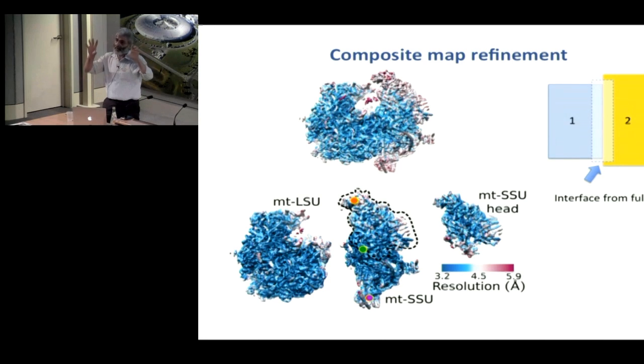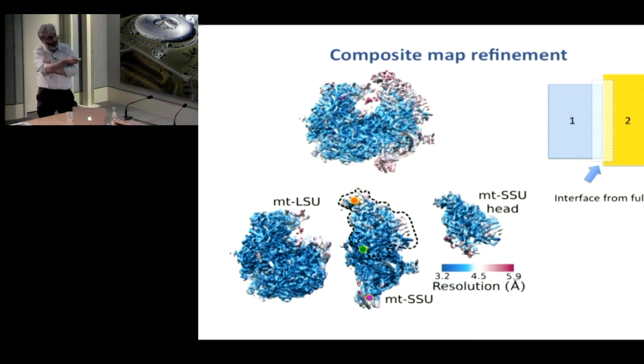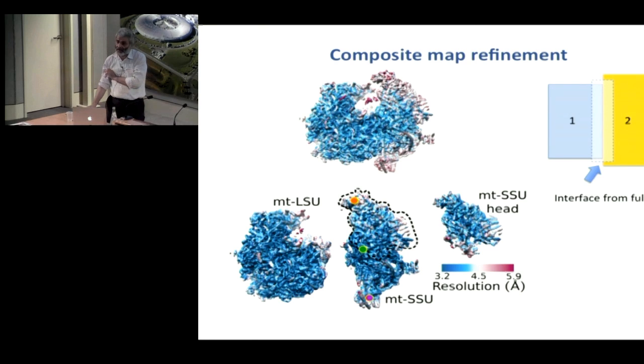Obviously, this type of thing can be done if you have discrete states. If you have continuous states, then it's very unlikely that you will be able to do this type of reconstruction and model building. And second, even if you do something like that, you should be very careful in interpreting those interfaces, because the implicit assumption in this type of reconstruction is that you have at least two states, and you reconstructed one and then another.